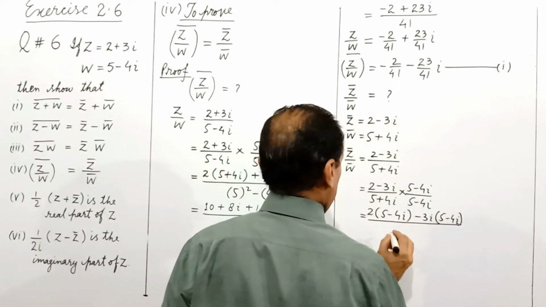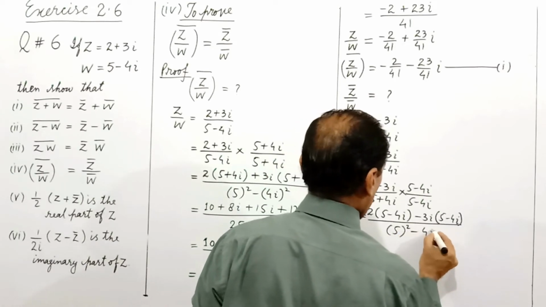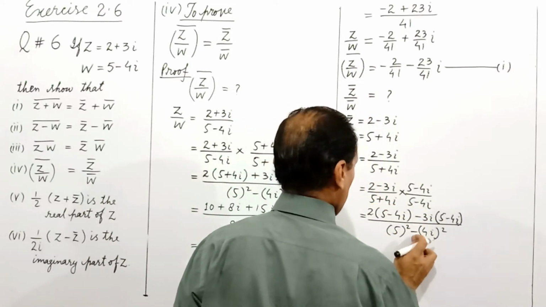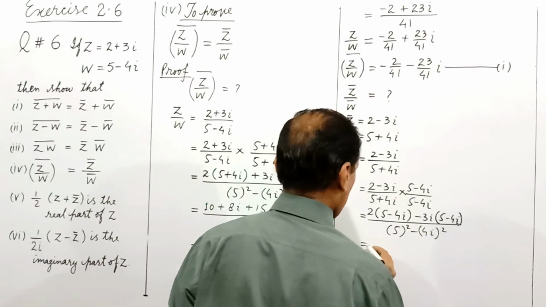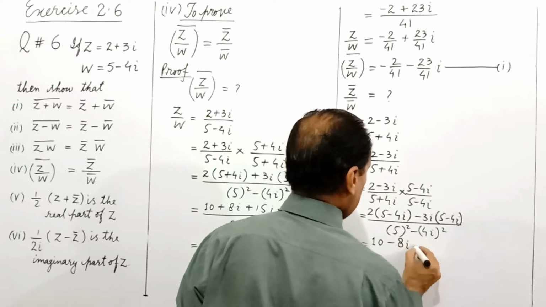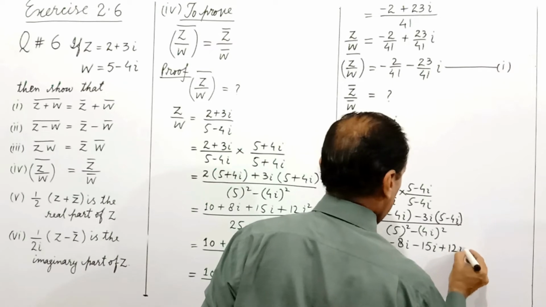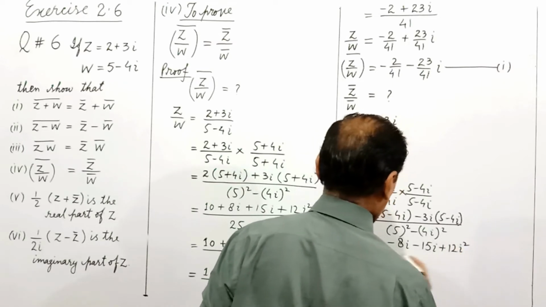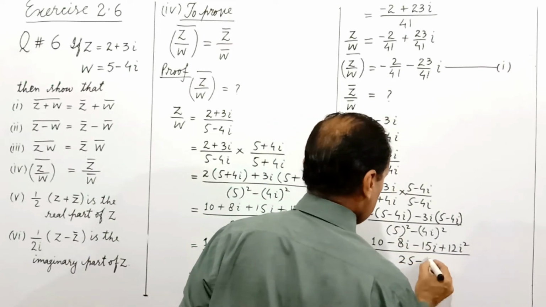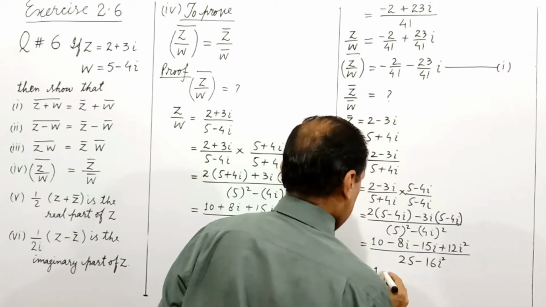we apply the formula on the denominator. We get 5 square minus 4 iota square, because a plus b into a minus b is equal to a square minus b square. 2 5s are 10 minus 2 4s are 8 iota minus 3 5s are 15 iota minus minus plus 3 4s are 12 iota square, iota into iota, iota square. 5 square is equal to 25 minus 4 square 16 iota square. 10 we carry in the next step.